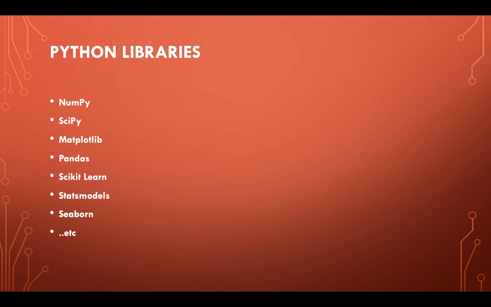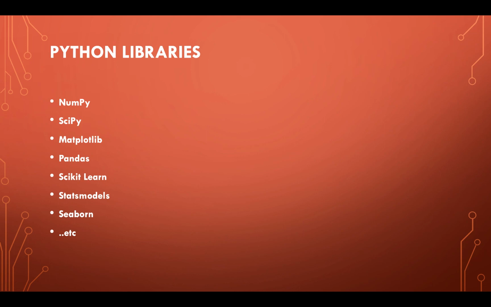Scikit-learn for machine learning, built on NumPy, SciPy and Matplotlib. This library contains a lot of efficient tools for machine learning and statistical modeling, including classification, regression, clustering and dimensionality reduction. Statsmodels for statistical modeling. Statsmodels is a Python module that allows users to explore data, estimate statistical models and perform statistical tests.